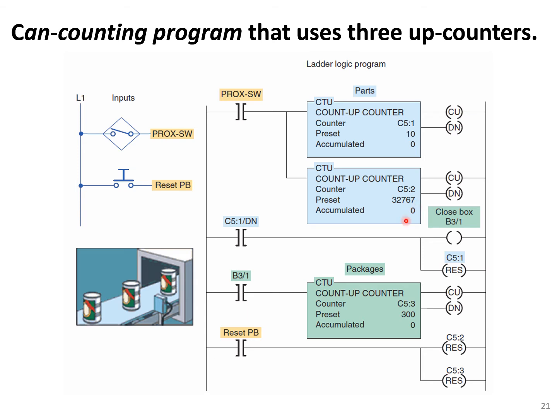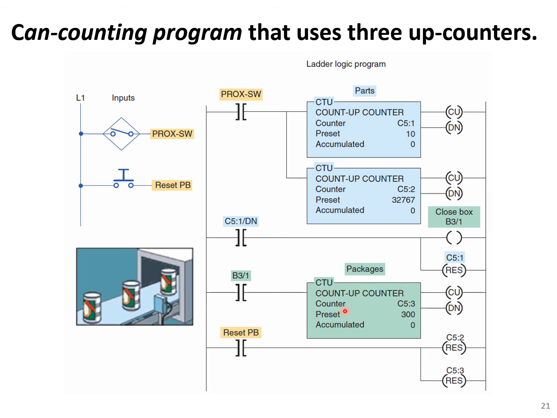We have another counter here for counting the number of packages. So we could put 10 parts in one package. Once the down bit of this counter becomes true, we put those 10 parts in one package, and we have one package.